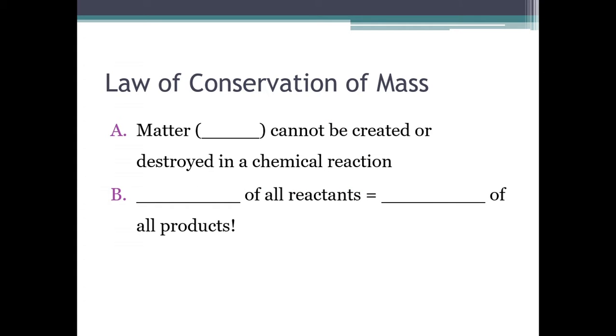All right, let's go back to this created or destroyed thing. I'm really going to just keep hammering this. It is a law. Matter, atoms, cannot be created or destroyed in a chemical reaction. They can rearrange all day long, but they cannot be created or destroyed. So the total mass of all of your reactants has to equal the total mass of all of your products.